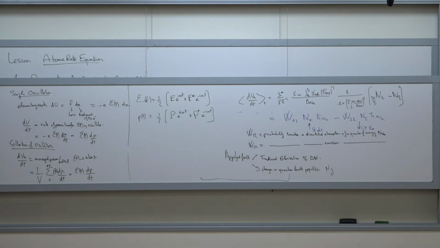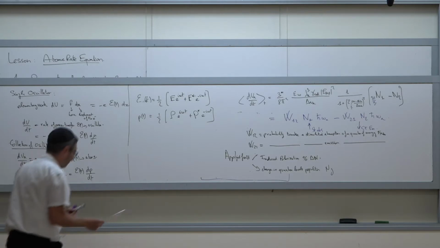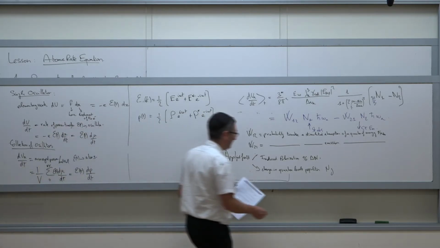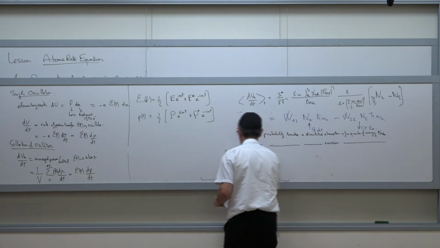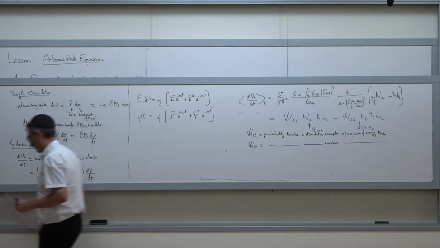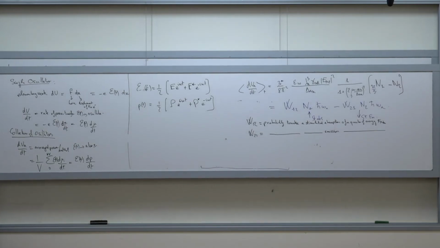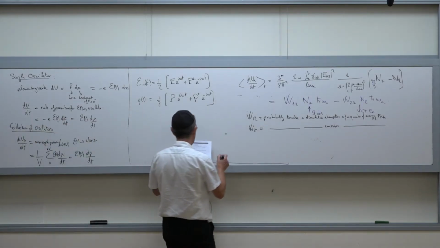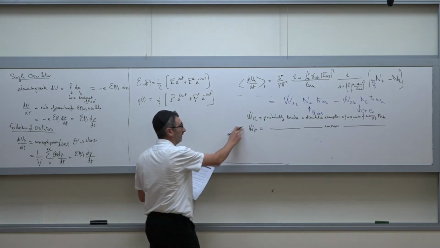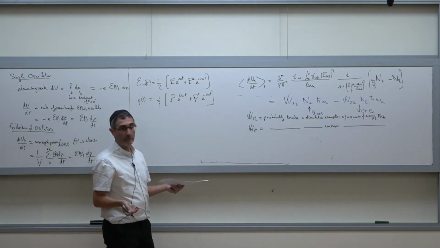But this is very useful. Remember, we wrote the rate equation in the first class. So now we know where it comes from. We have an expression for this W12 and W21. I can write them here, by the way. You remember that, in principle, they are equal.